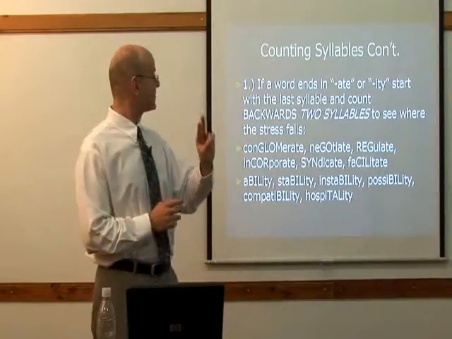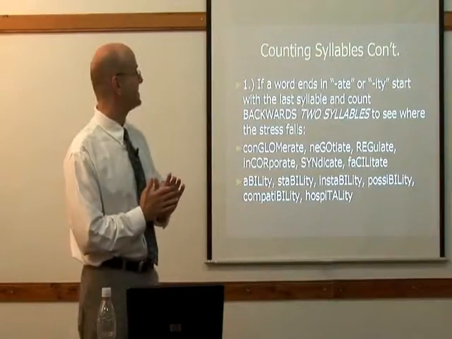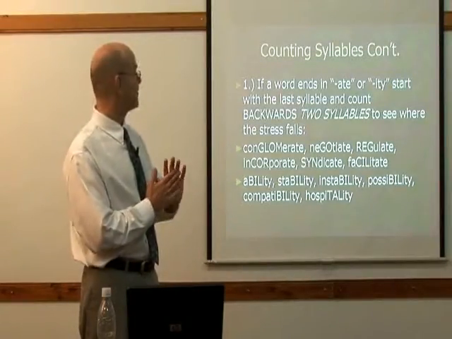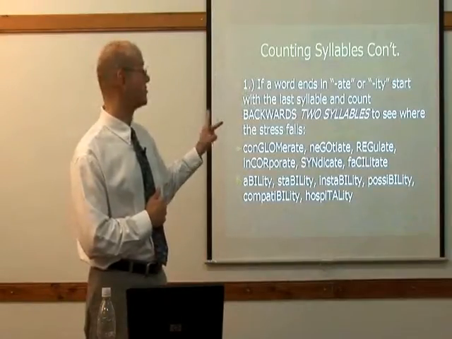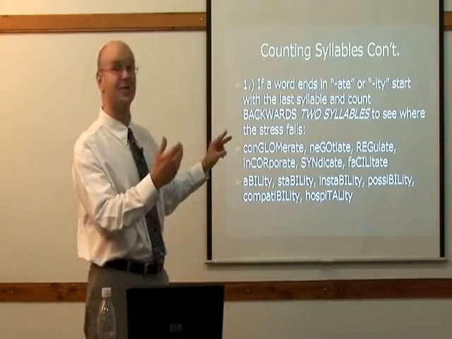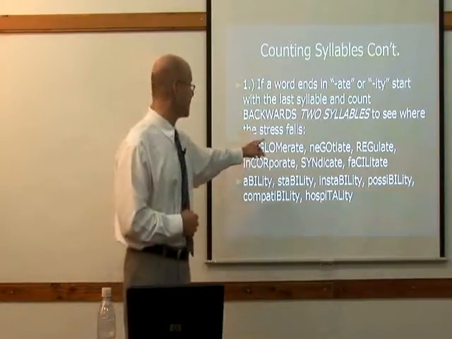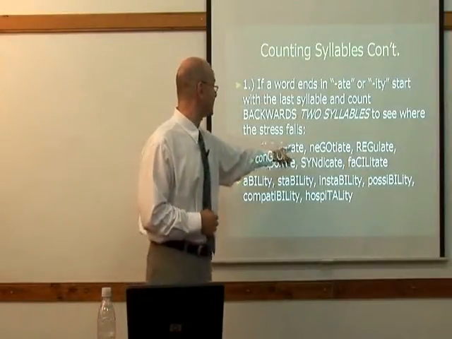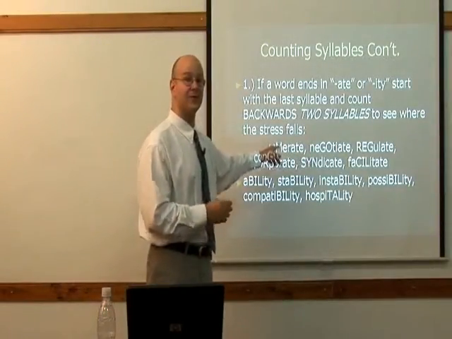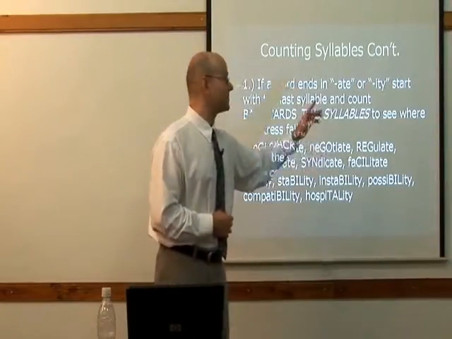There are 2 examples of this that I say. The first one is if a word ends in ATE or ITY, you start with the last syllable and count backwards 2 syllables to see where the stress on the word falls. So for example, conglomerate. Conglomerate has 4 syllables. You start at the last and you count back 2, and that's where the stress would fall. Or negotiate.